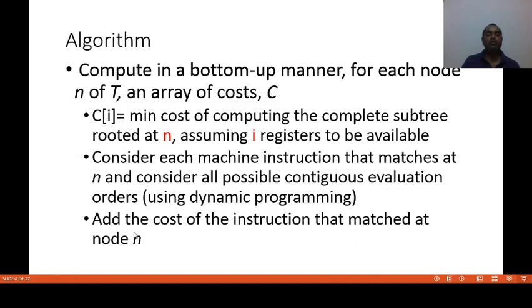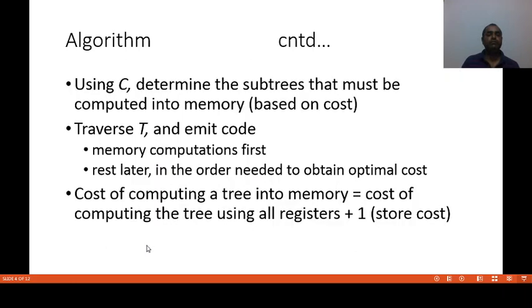That means we have to calculate the cost of each node that is present in the tree in the form of Ci, and add the cost of that instruction that matched at node n. Using C, determine the subtrees that must be computed into memory based on the cost.